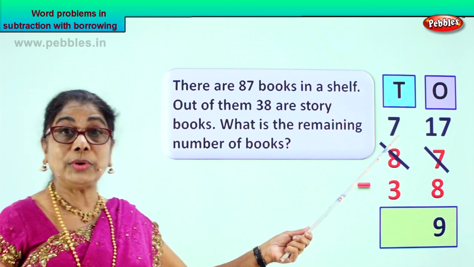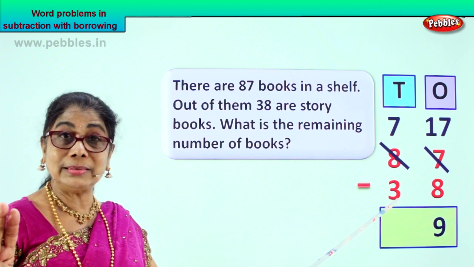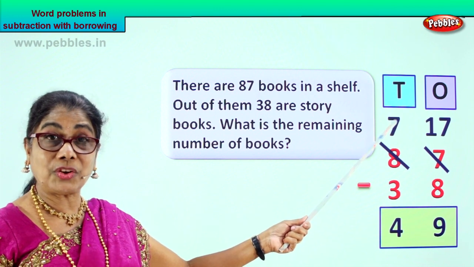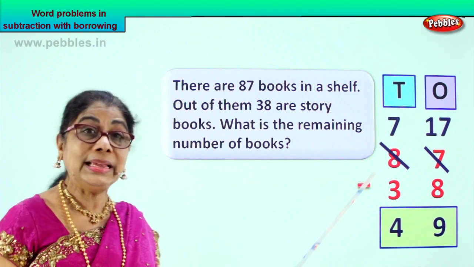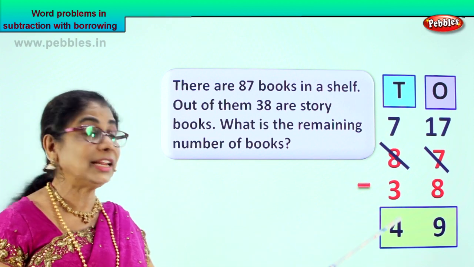And here you have 7 tens minus 3 tens is 4 tens. 7 minus 3 is 4.